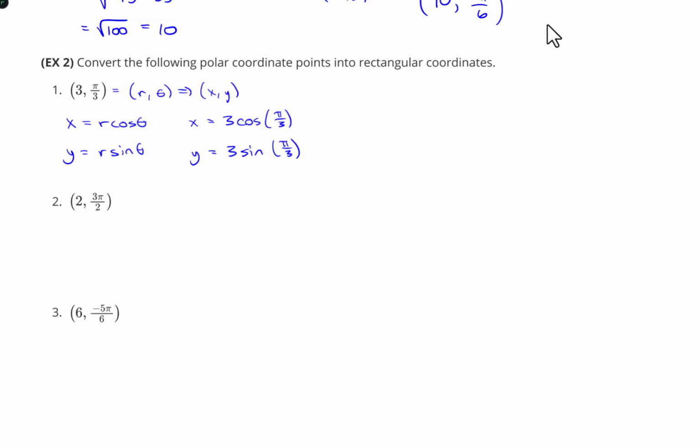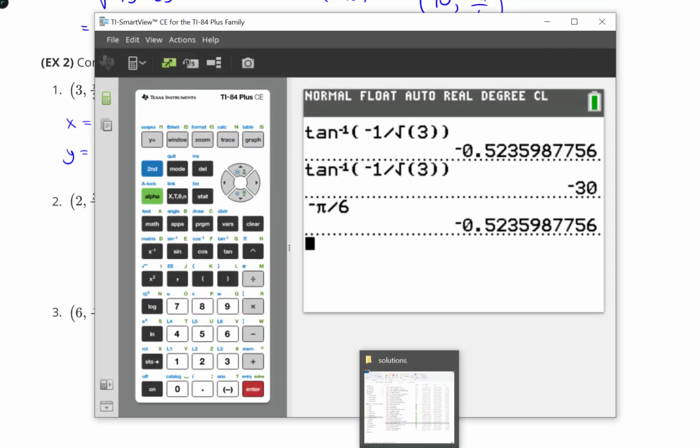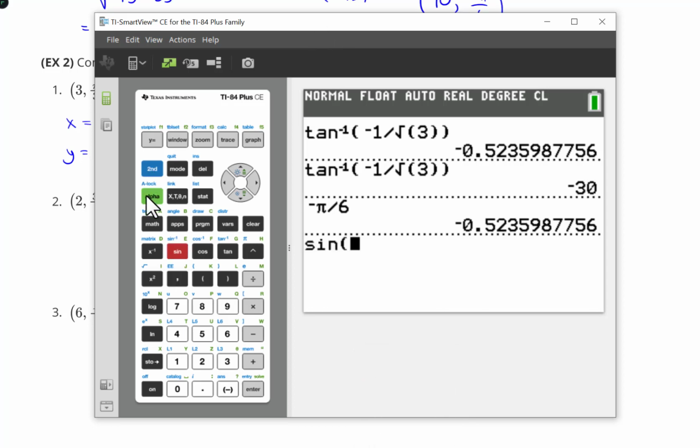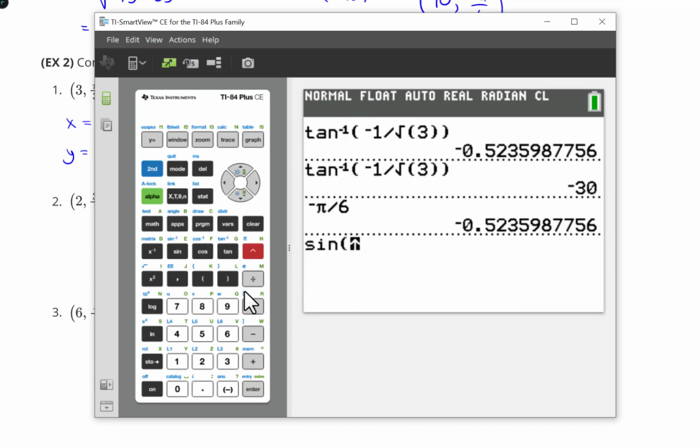Now, you should know your sine and cosine values in the first quadrant. If you don't, it's still forgivable, and you can still use the calculator, but your final answer needs to have exact values. So here's the thing. If you do sine of, let me make sure I'm back in radian mode now, pi over 3, then what you're going to get is something like this.